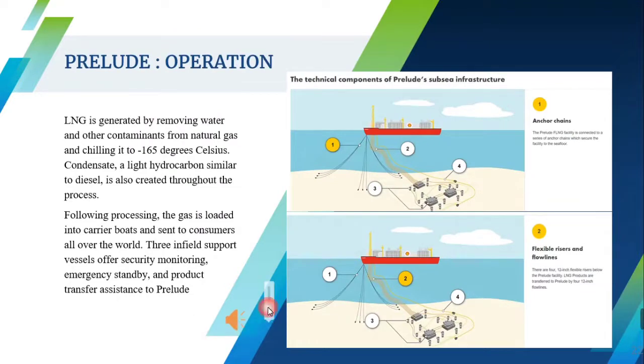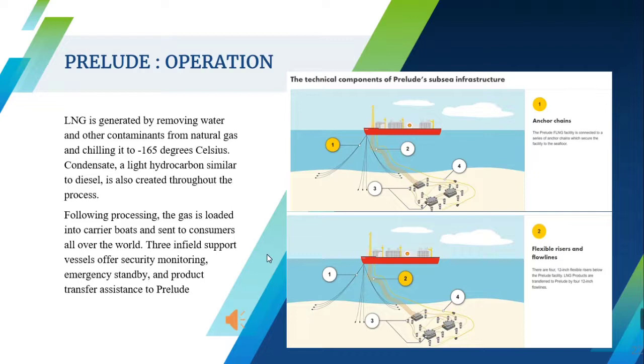Next is Prelude operation. The main task of the floating liquefied natural gas plant is harvesting natural gas from the seafloor. The liquefied natural gas is generated by removing water and other contaminants from natural gas and chilling it to negative 165 degrees Celsius.